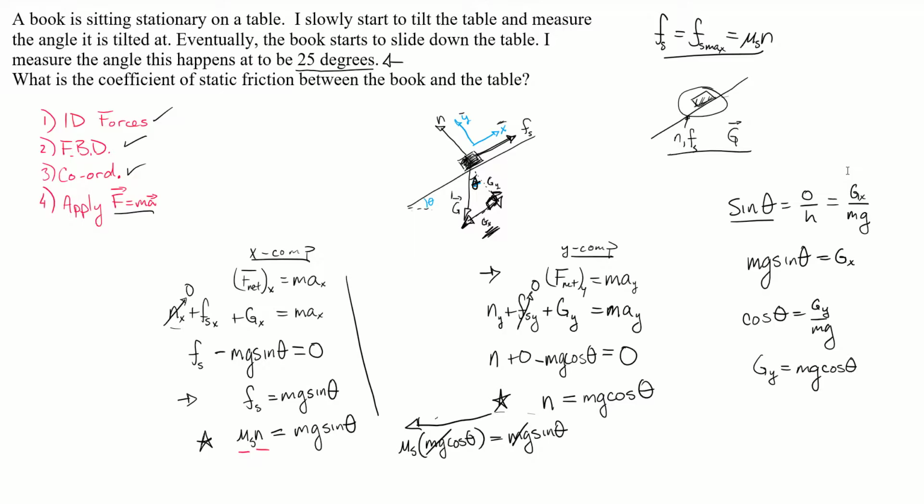We can bring the cosine theta to the other side, and we get the coefficient of static friction is equal to sine theta over cosine theta. And we know the angle, so we can solve that. We can also simplify this. That's actually equal to tan theta. And if we plug in 25 degrees into that, we get a coefficient of static friction of 0.466. And we've answered our problem.